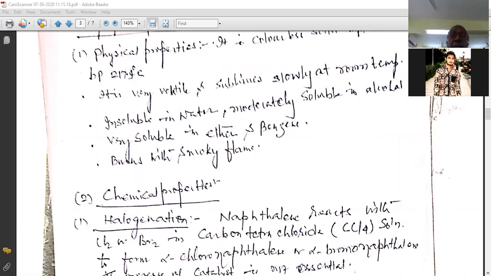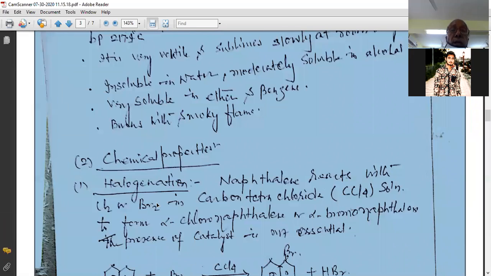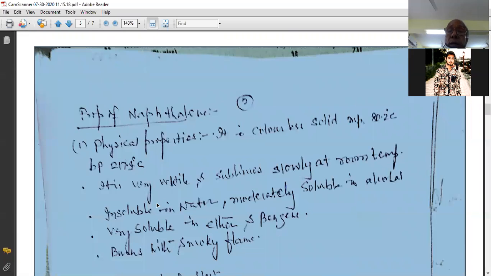Among the physical properties, it is a colorless solid.